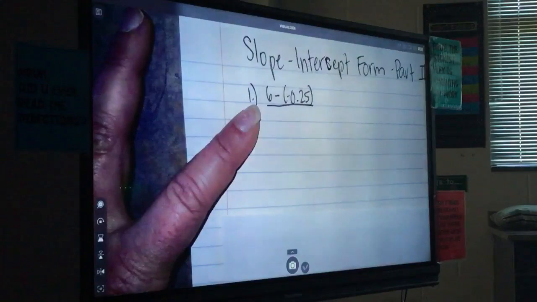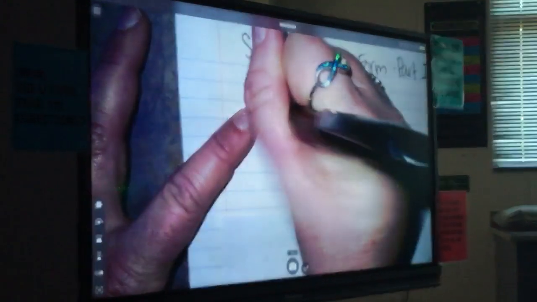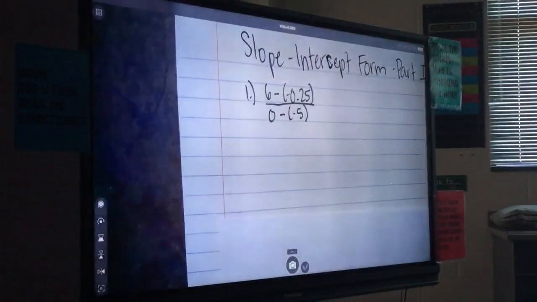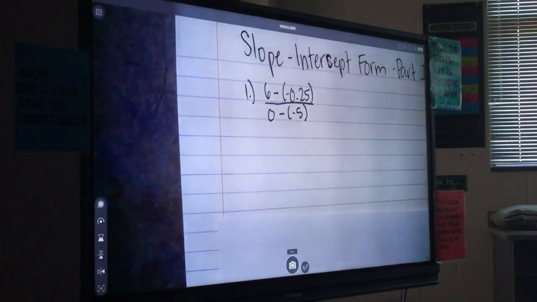And then you're going to do 0 minus negative 5. It's a decimal? Yeah. It's a negative and a decimal. I know. He's super ambitious today.